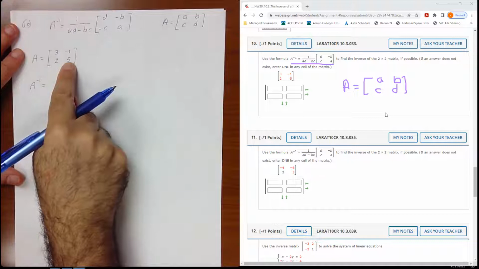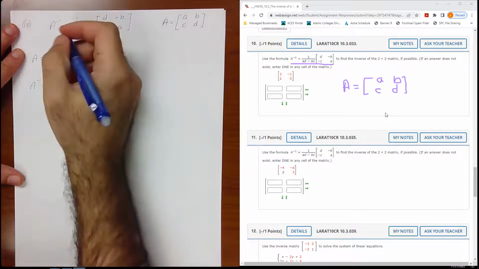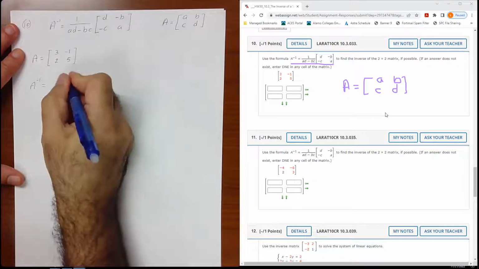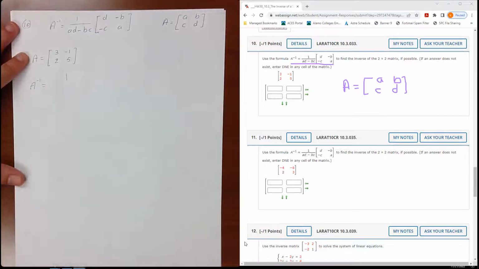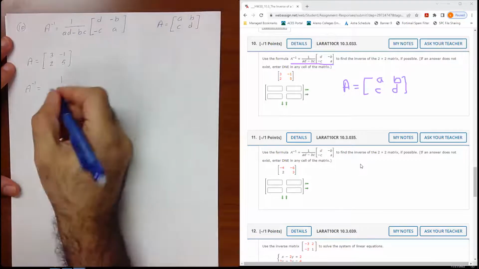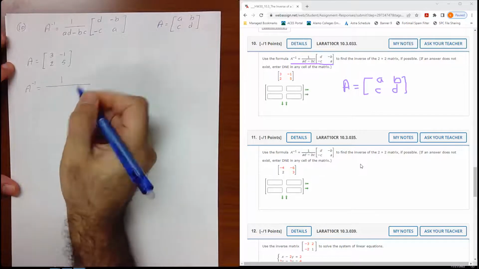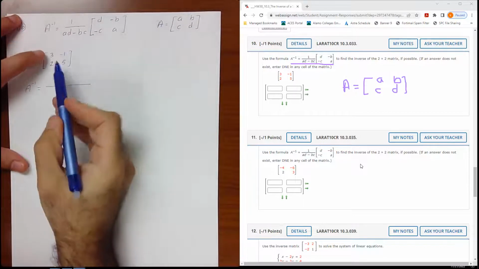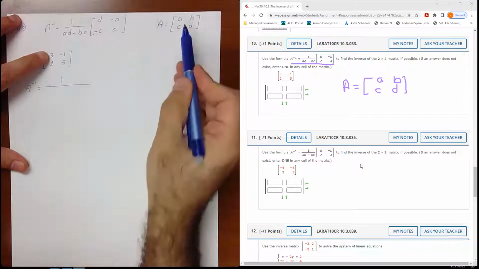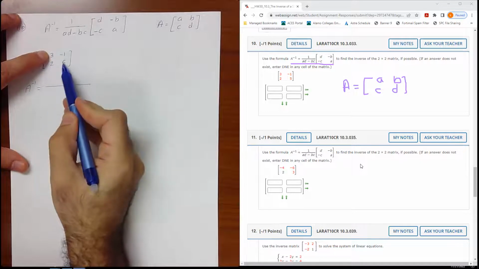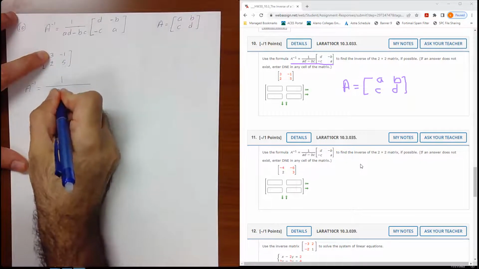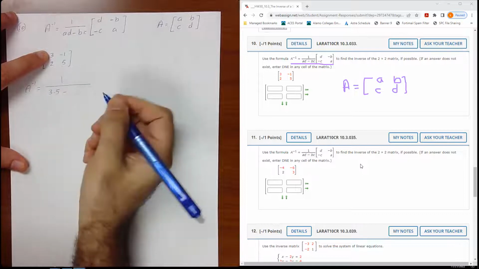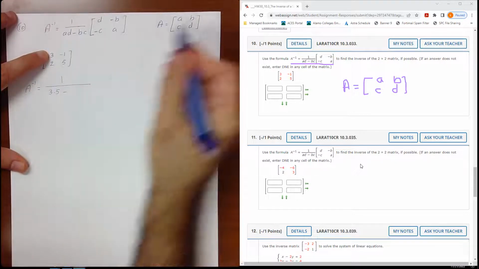So what I'm going to do, I'm going to use the formula. The formula says 1 over AD. So here is the A, and here is the D. So A times D, that means 3 times 5, minus B, this is B here.